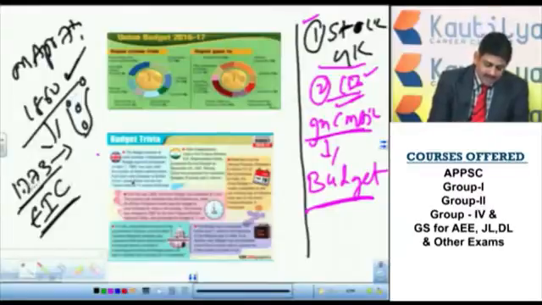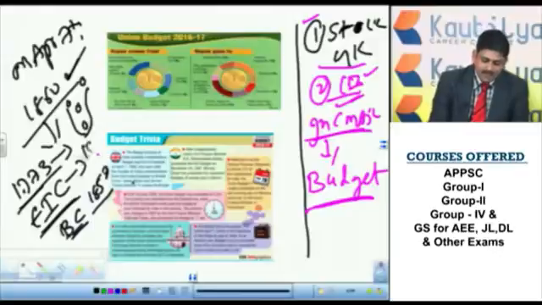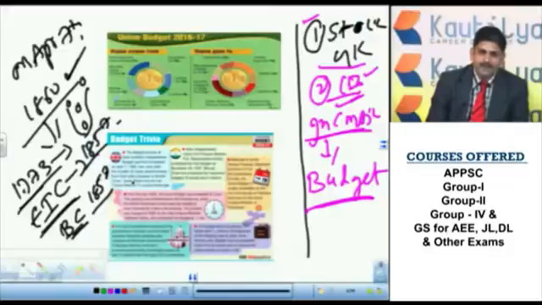The rule was shifted from the East India Company to the British Crown in 1858. You might have studied the 1857 revolution, which we popularly call the Sepoy Mutiny.